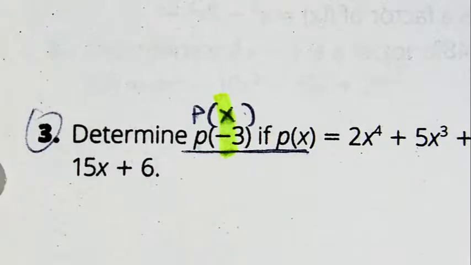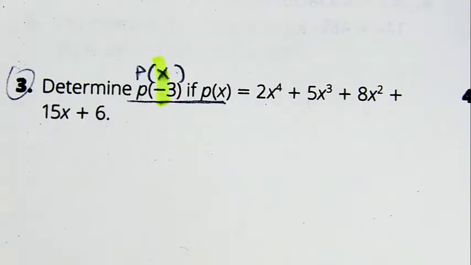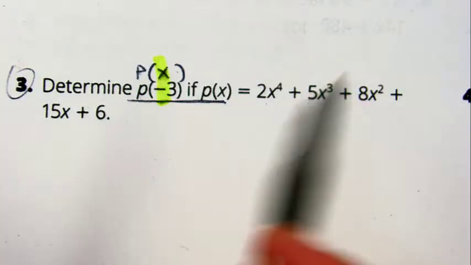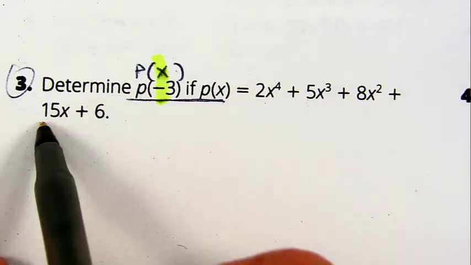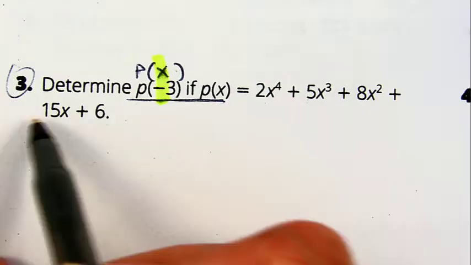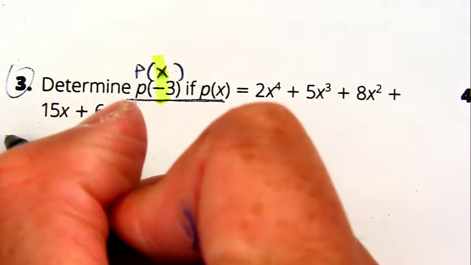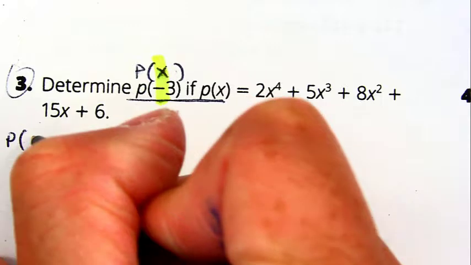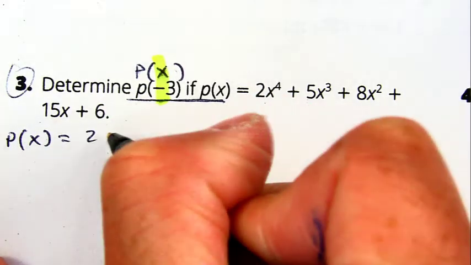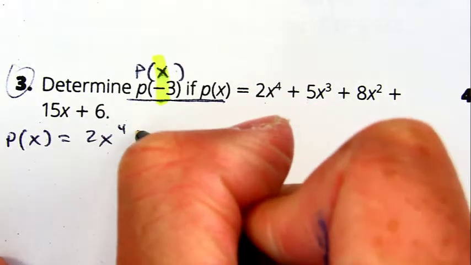So now I'm going to put in an x value of negative 3 every time I see x. Now, in this computer-generated problem, they kind of went to the next line. So I'm going to write the original problem small, so it fits in one line.